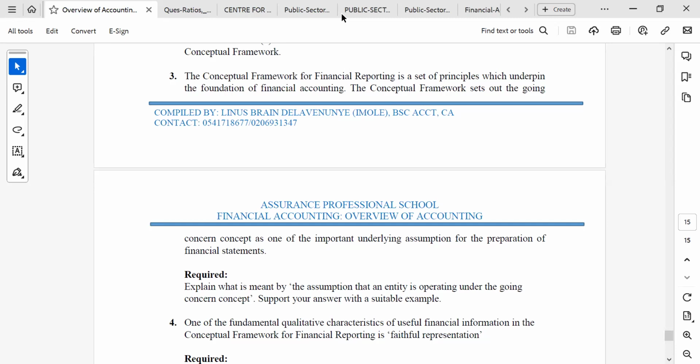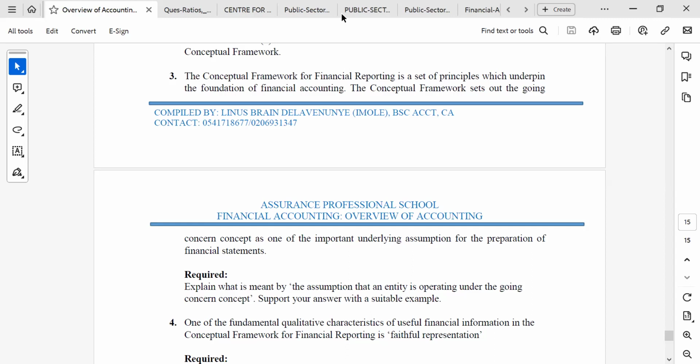My understanding is that the enterprise or the entity will continue to be in operational existence for the foreseeable future. That's one assumption that accountants make in the preparation of accounts, that the business will continue to operate for an indefinite future period.